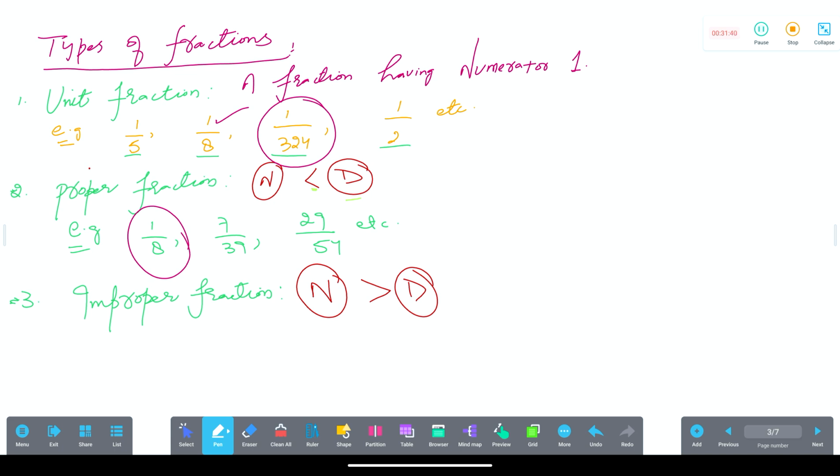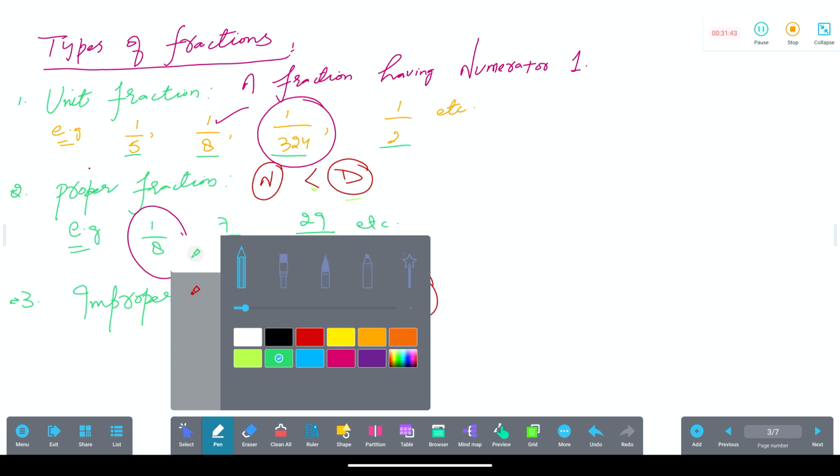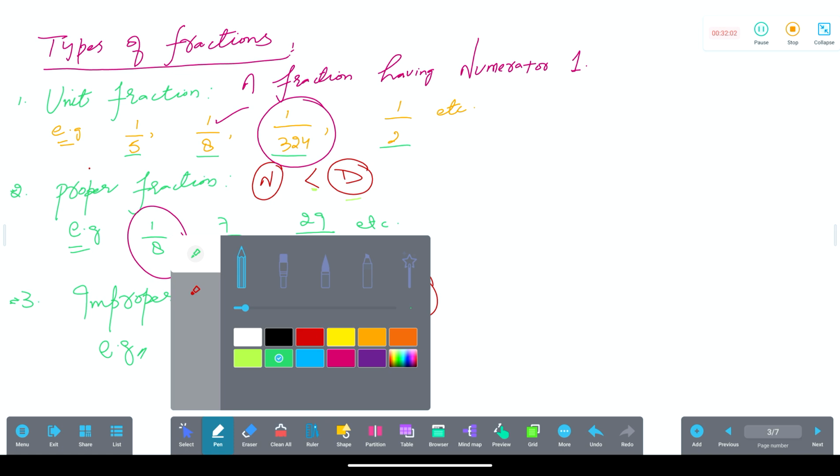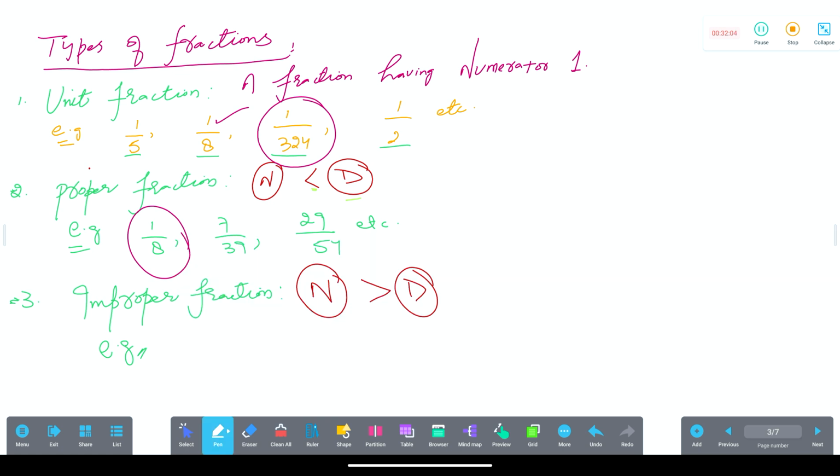So I am writing an example here. And one more thing, sorry: for improper fractions, you have to write that the numerator is greater than or equal to the denominator. When you put a sign like this, it is greater than, but if you put a line at the bottom of it, it means greater than or equal to.